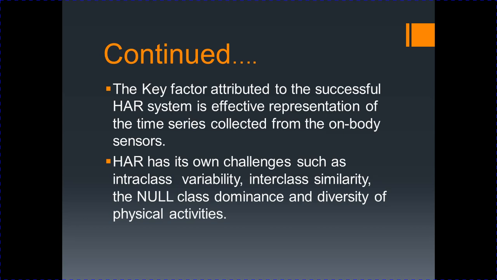So, to accurately classify the activities, the key attribute is the representation of the features. The low level features or the data must be analyzed effectively, and human activity recognition has its own challenges. For example, walking and jogging may overlap; they seem to be similar but they are different.